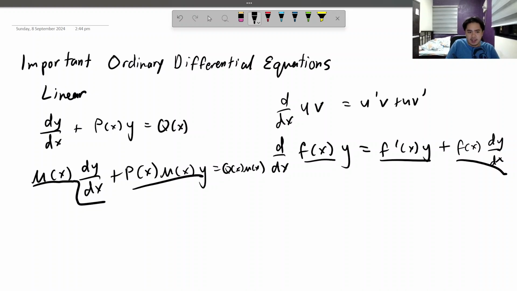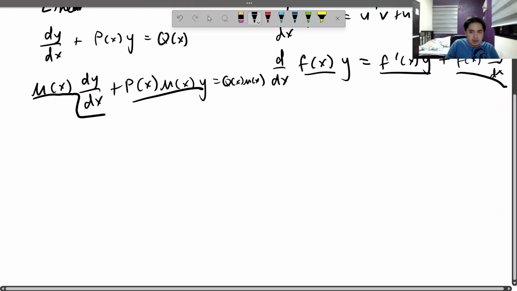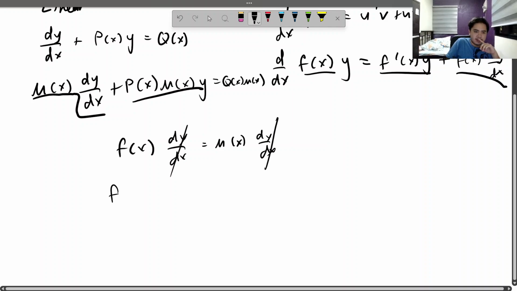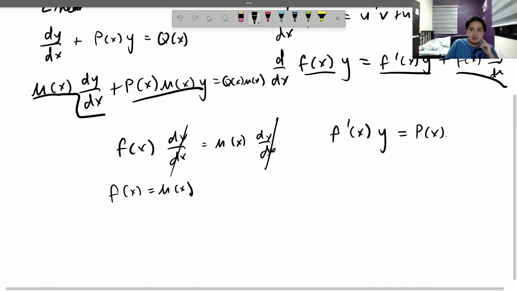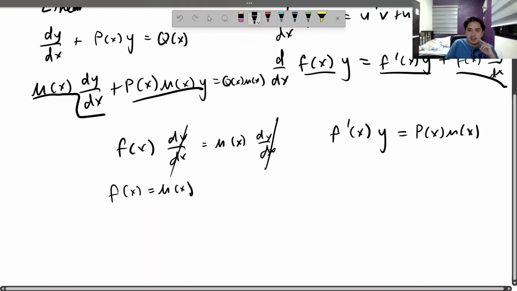So what is mu of x? Well, we know that f of x dy over dx is equal to mu of x dy over dx. We can divide both sides by this one, so f of x is just mu of x. Now, f prime of x times y equals p of x mu of x times y.